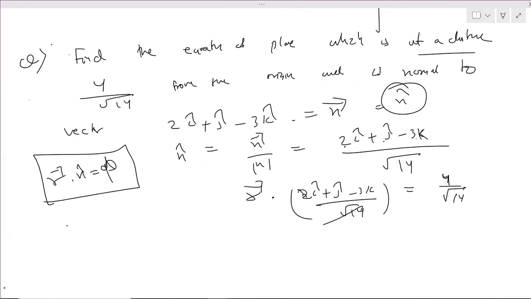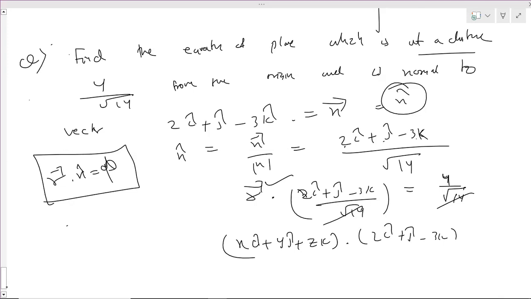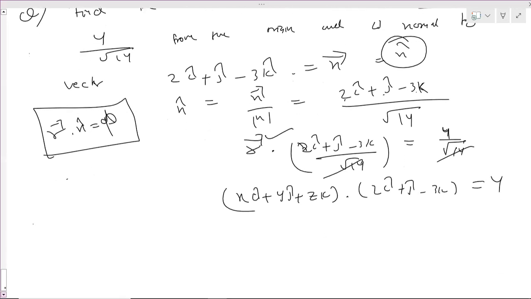Now you can cancel this and use this as xyz. You will get the answer. Let me do this. xi plus yj plus zk dot 2i plus j minus 3k equals to 4. So this is 2x plus y minus 3z equals to 4.